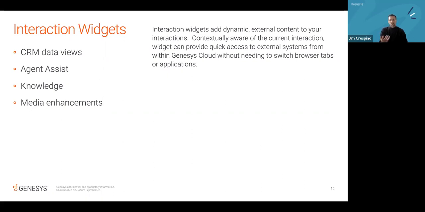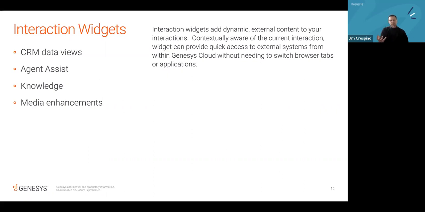So interaction widgets are external web applications that are embedded in the Genesys UI. They are contextually aware of the current interaction. So, if an agent is handling multiple chats at a time, a widget is aware of exactly which chat that widget is tied to, so that it's working specifically with that conversation.